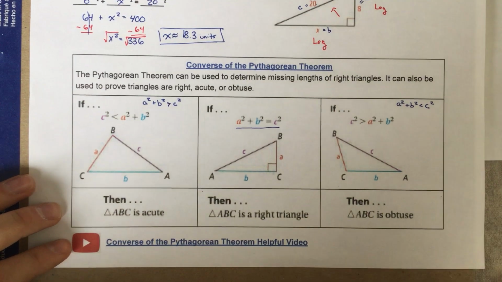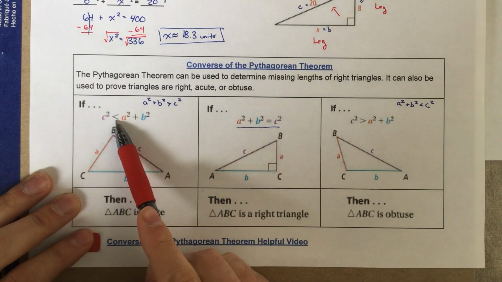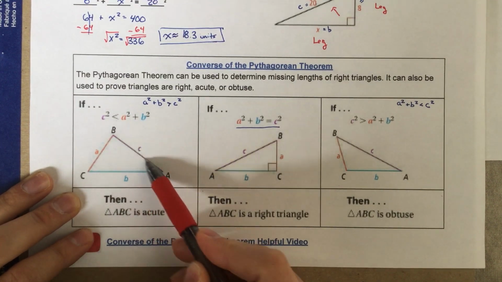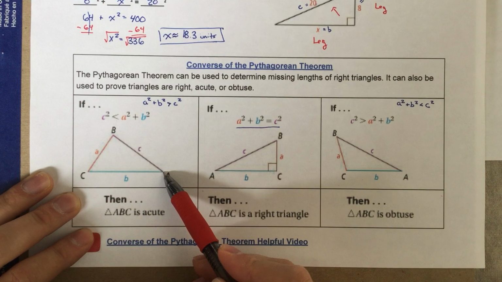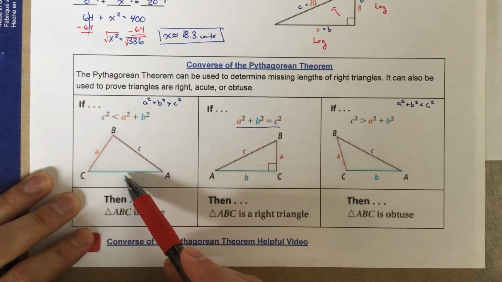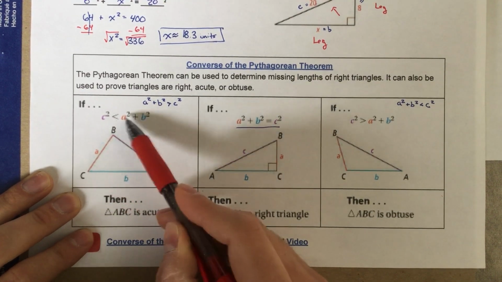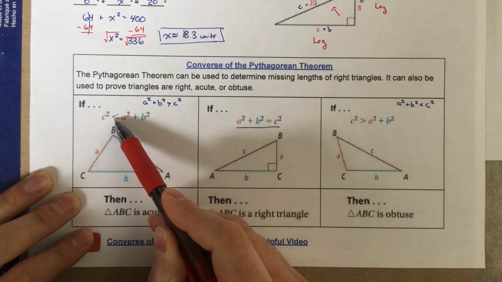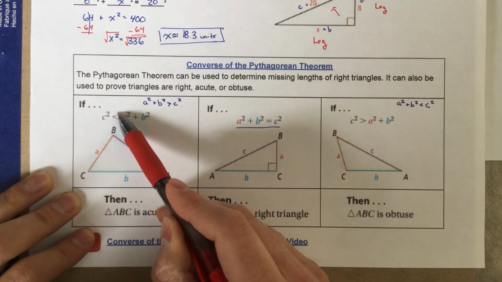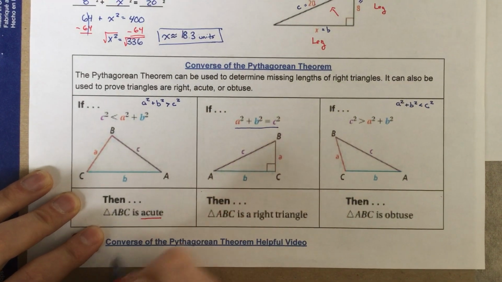So let's first look at the acute one. If c squared is less than a squared plus b squared, if I take this hypotenuse, this longest side, and I square it, it should be less than the sum of these two when I add them together, and they're squared as well. Notice how this is a less than symbol. So if I see this less than symbol, I want to automatically think of it being acute.